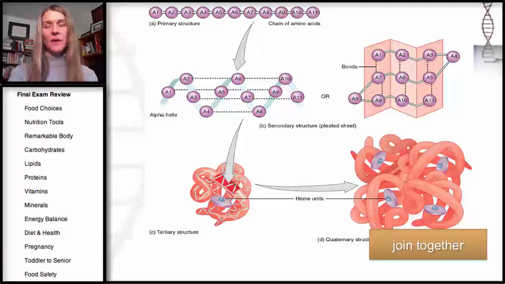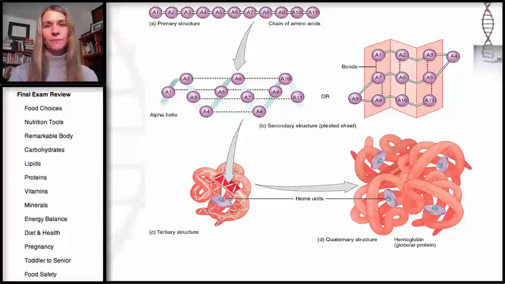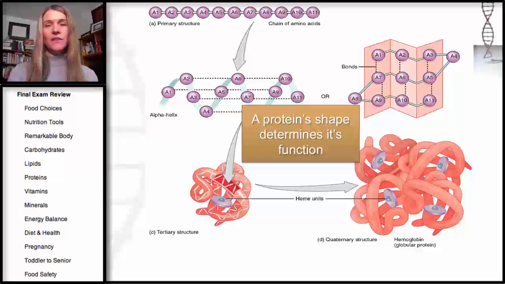And lastly is what we call the quaternary structure, when these tertiary structures, these folded and coiled amino acid chains, then join together, and that's going to make the functional unit, or the functional protein. The key here, the take-home point, is that a protein's shape is going to determine its function.